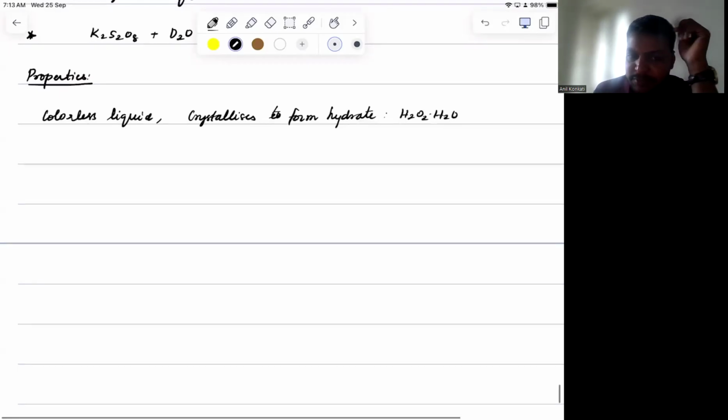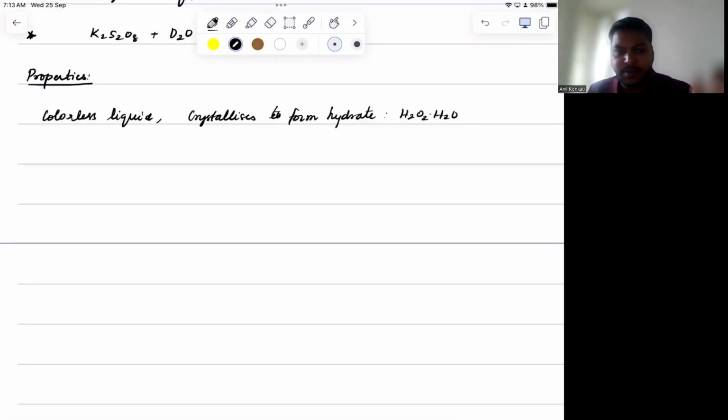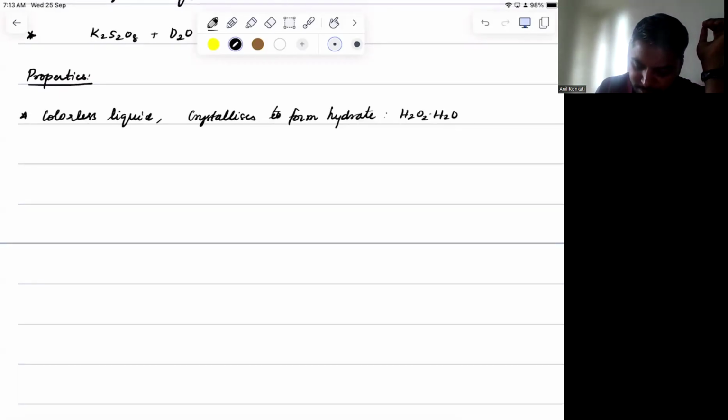That's how the hydrate is formed. It is a weak dibasic acid.